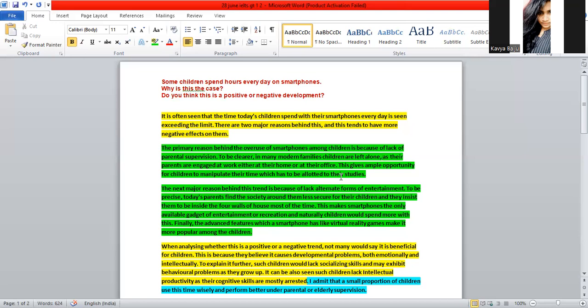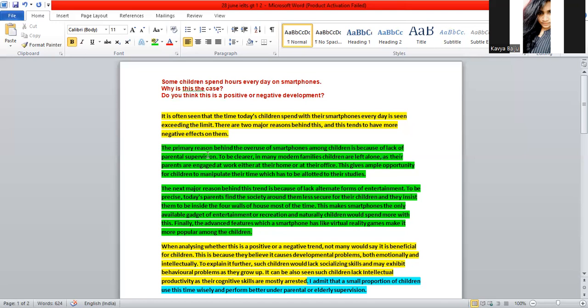So they manipulate this time and they play with their smartphones. This is something which we can see with small children. Because you leave your children unsupervised, and this is the major problem you can see here. So this is one of the major problems.